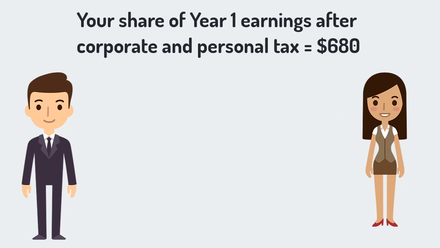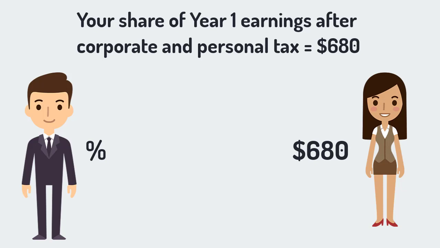And so you would swap your $680, which is the after-tax cash distribution from your proportional earnings, for a percentage of a friend's interest in the business. You give up the $680, they give you 0.68% of their ownership interest.